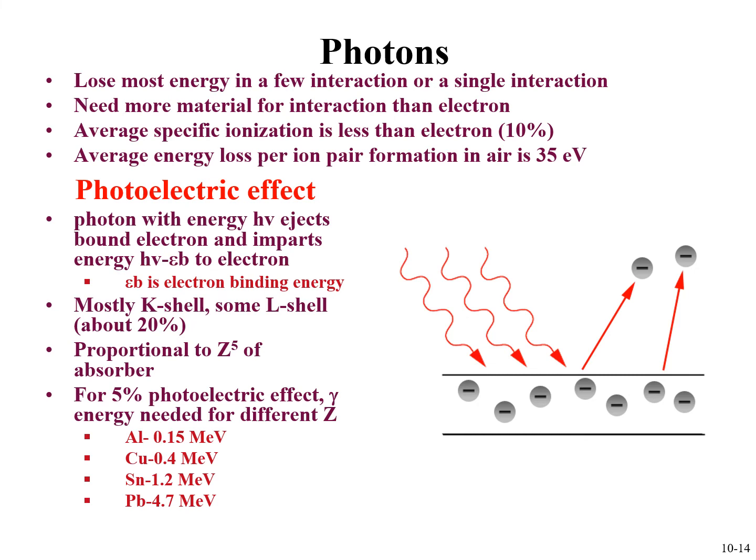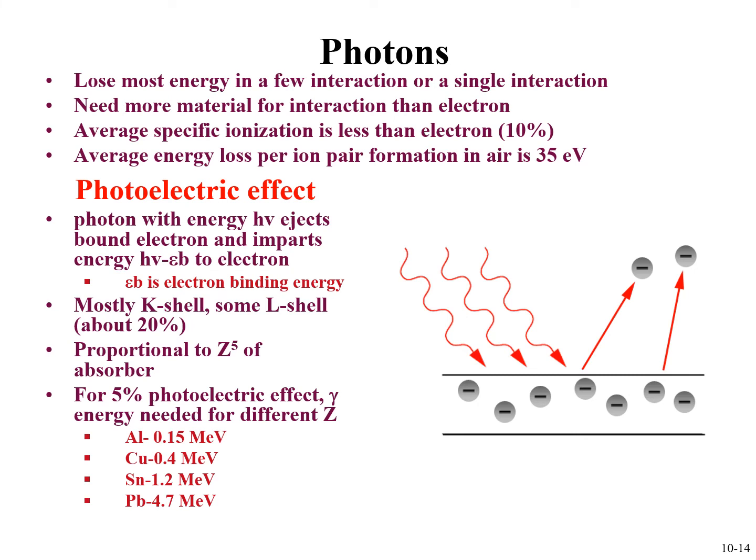And the interactions of photons with matter occur through three main routes. One is the photoelectric effect, Einstein, famous for the photoelectric effect. It basically says a photon with a given energy ejects an electron and imparts an energy on that electron that's equal to the photon energy minus the electron binding energy.